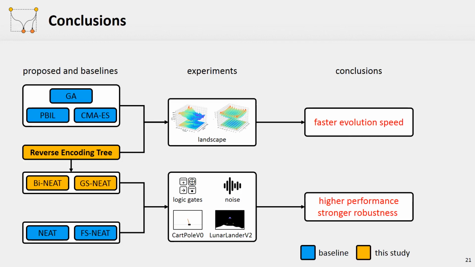We evaluated them in logic genes, OpenAI gym, and noise environments with the baselines NET and FSNet. The results show that nets with reverse encoding tree have higher performance and stronger robustness.